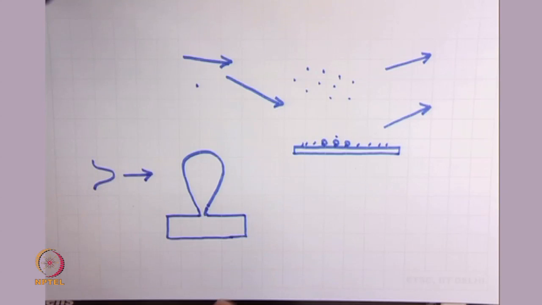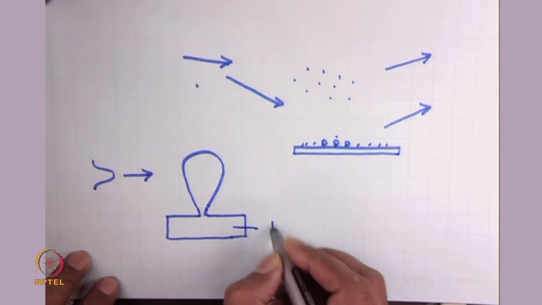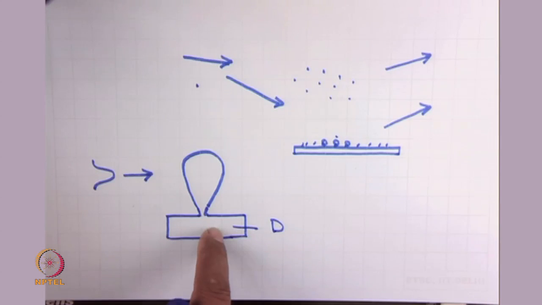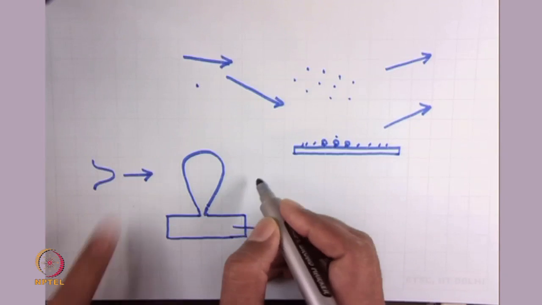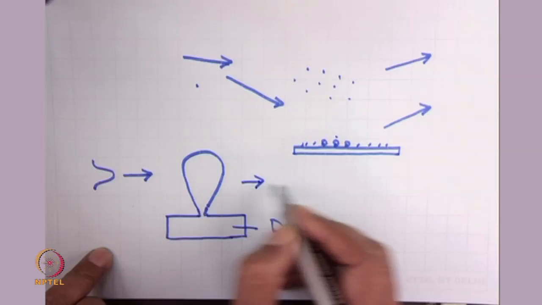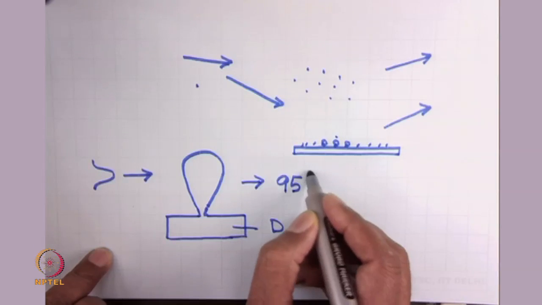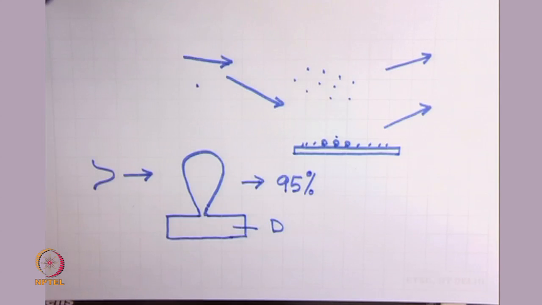What was observed, when deuterium gas was filled in this chamber at room temperature and at high pressure, was that roughly 95% of laser energy got transmitted, and no spectacular observation was made.